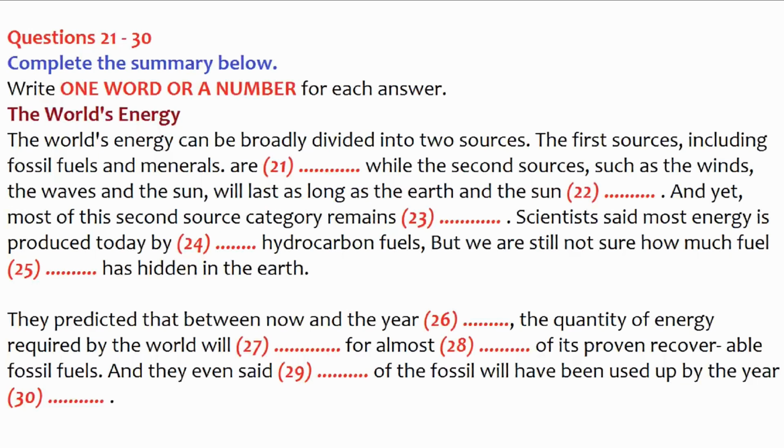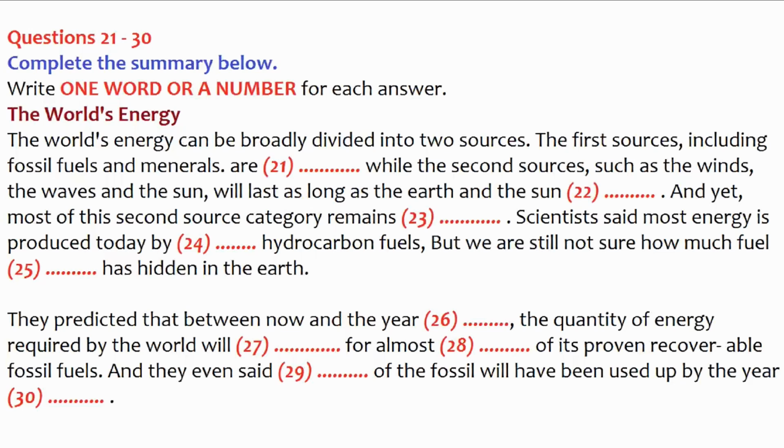The world's energy comes from a number of different sources, which may be broadly classified into 2 categories. The first, which includes fossil fuels and minerals such as oil, coal, natural gas, uranium, etc., comprises sources of energy that are non-renewable.